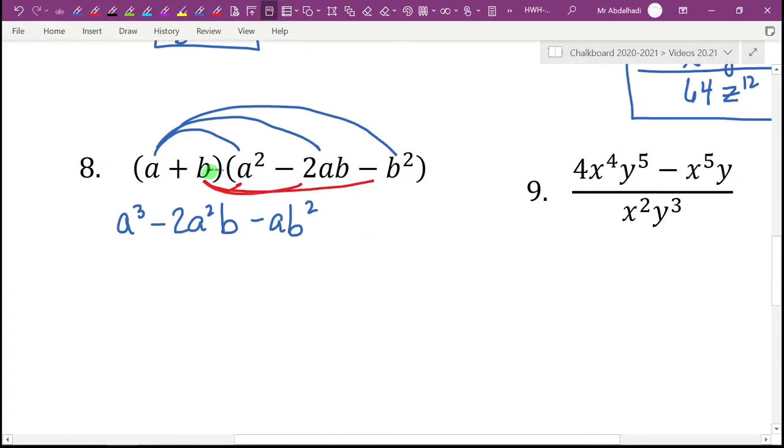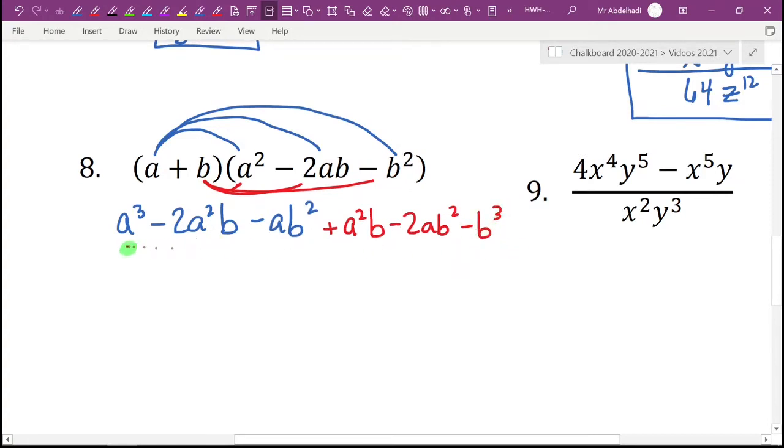So b times a squared, well, it's not ba squared, it has to be alphabetical, so it's plus a squared b. B times negative 2ab. Well, this b will multiply with this b and make this a b squared, so negative 2ab squared. And finally, b times negative b squared is negative b to the third.